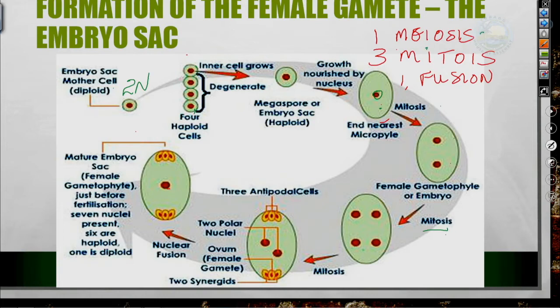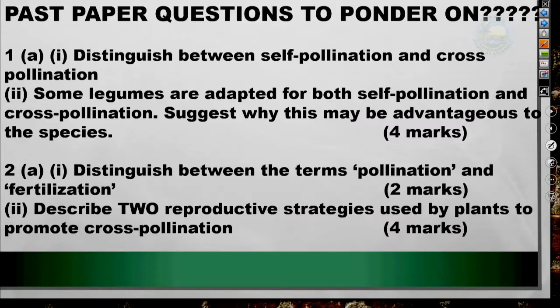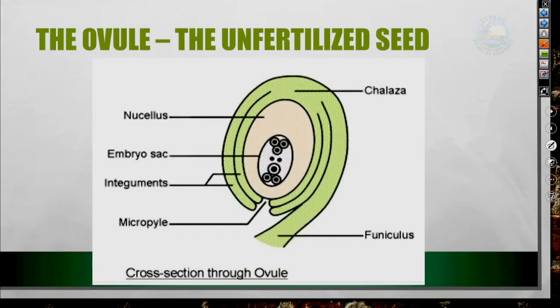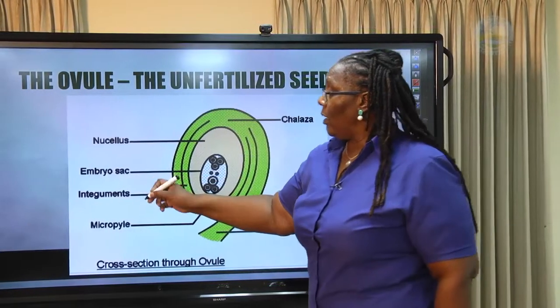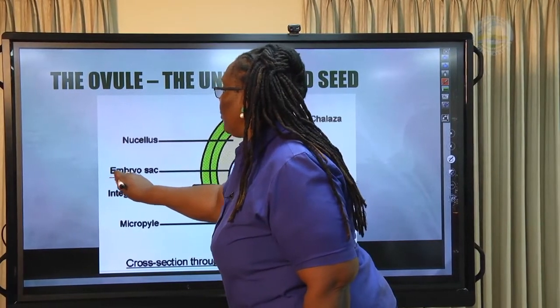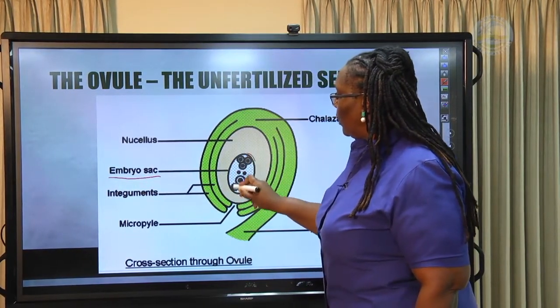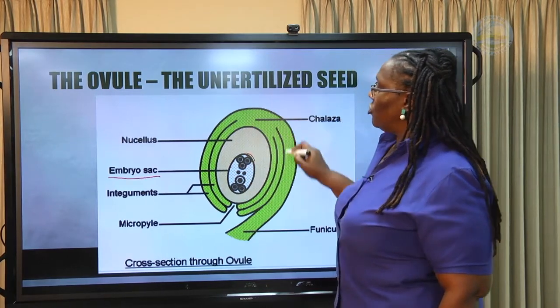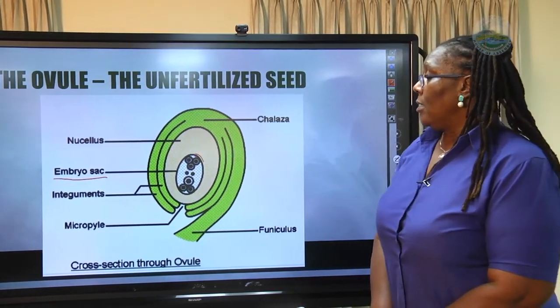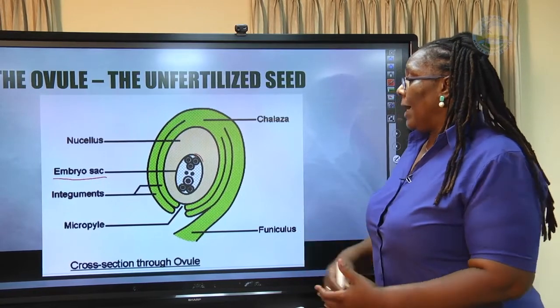Okay? So this is what the ovule would look like before it is fertilized. You're seeing the structure, and the inside of here is the embryo sac. The embryo sac is just this structure here, but you also have some other structures around it that are there to enhance it.